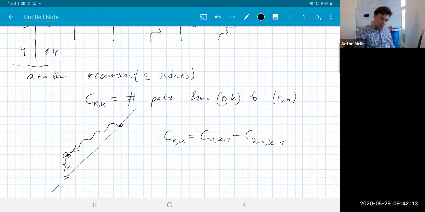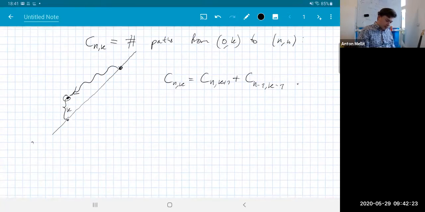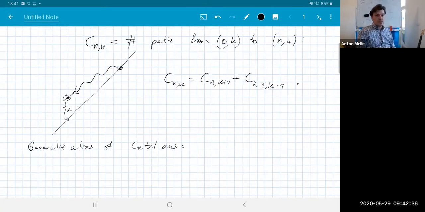So now we have different generalizations of Catalan numbers, and let's see how it works. Generalizations of Catalans are when you count Dyck paths with some weight, and one of them is like this.